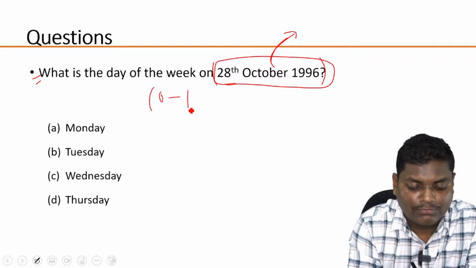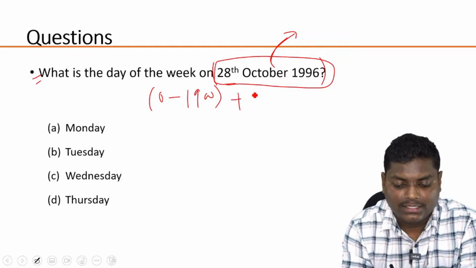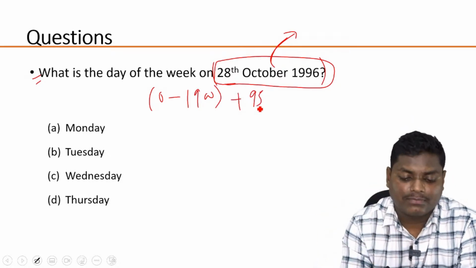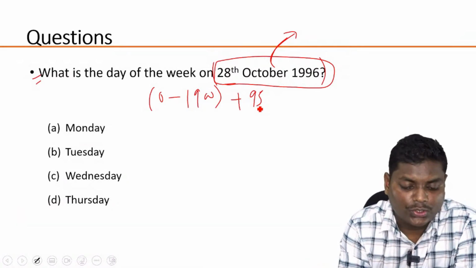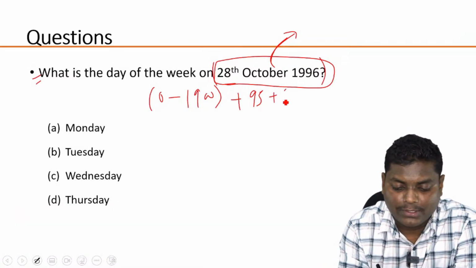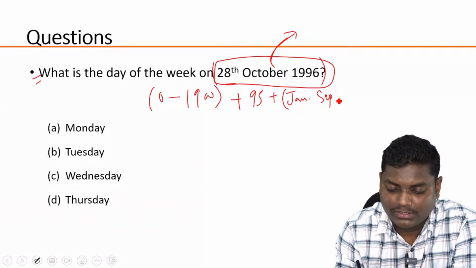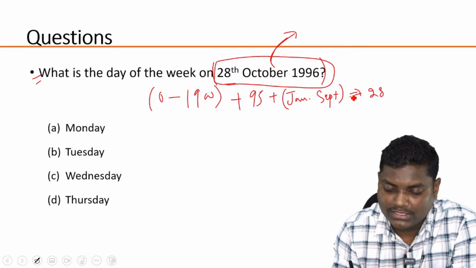So we can start from 0 to 1900 plus 95, since we need to reach 1996 October 26. This is the typical method that we are seeing so that you don't get confused. So 0 to 1900 plus 95 plus January to September, then the month of October, 20 plus 6.